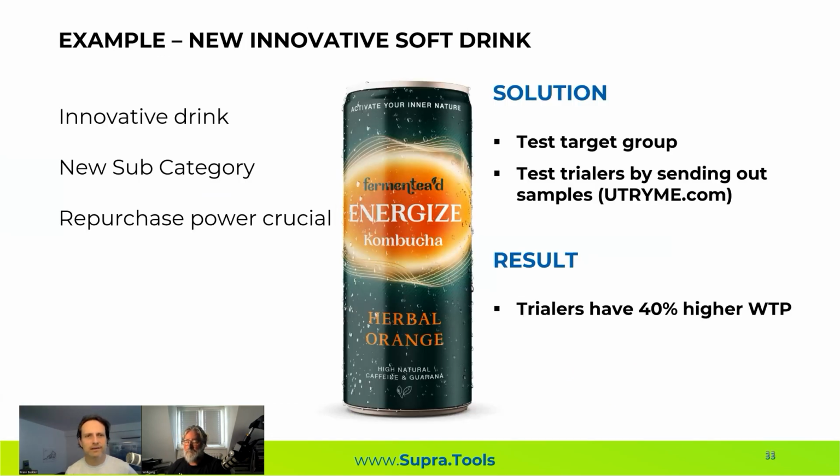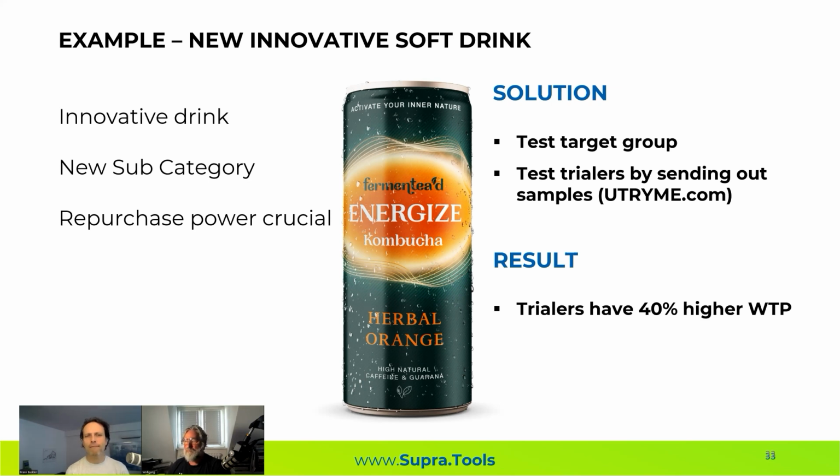Last example here is an innovative soft drink. So it's not just a soft drink, it's a kombucha drink, which is special because it could be seen as a kind of subcategory. Typically people are reluctant to buy something new.